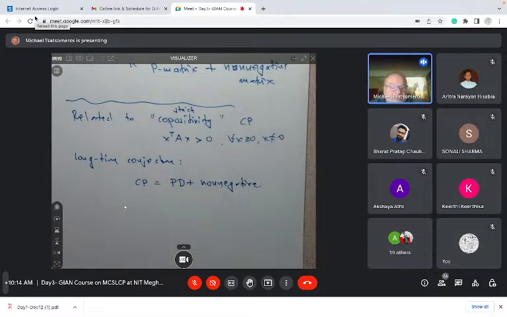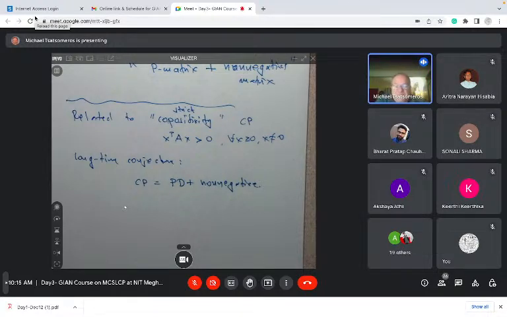So all you needed to do is prove that a matrix is the sum of a non-negative matrix and a positive definite matrix, and that would be enough to show that it's copositive. Of course, it is, but also the other way around, that every copositive matrix was the sum of a positive definite and a non-negative one.